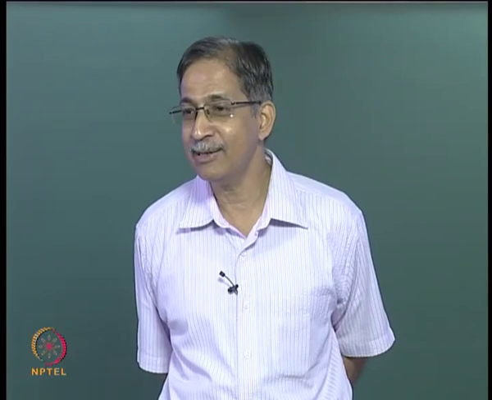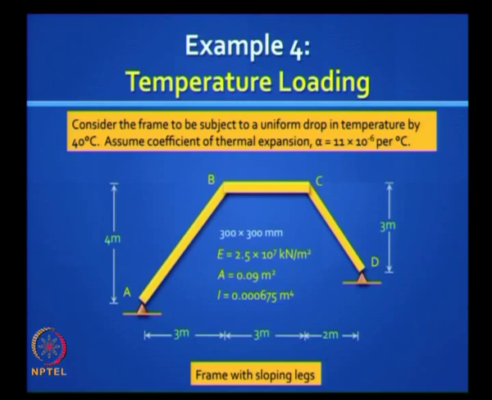Can you work out how much that force is? Is it a small force or a big force? Plug in those values. Okay, let us go back to the problem. All the members have a cross section 300 by 300, so the area is 0.09 meter squared. The material has an elastic modulus of 2.5 into 10 raised to 7 kilonewton per meter squared.